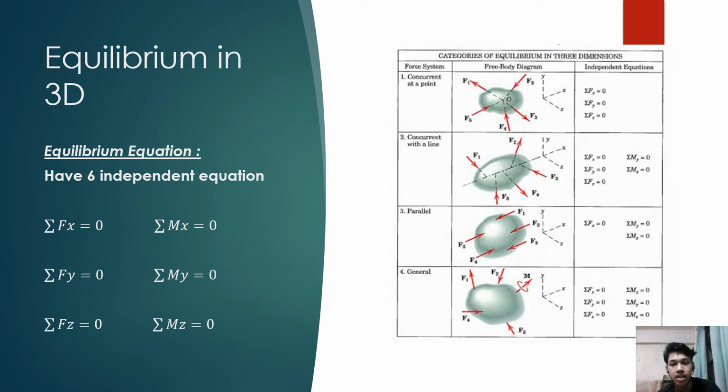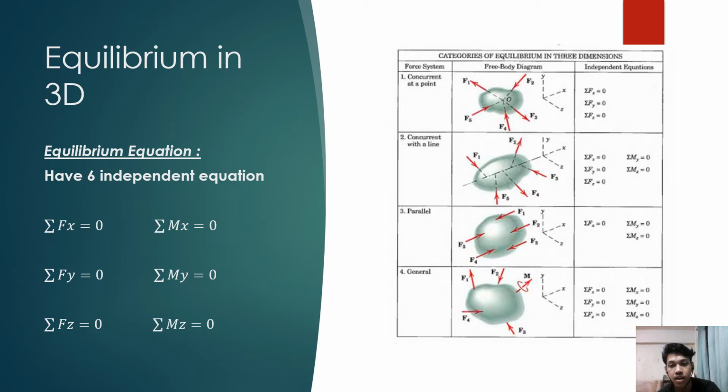For concurrent at a point, the independent equations are Fx equal to 0, Fy equal to 0, and Fz equal to 0. Meanwhile, for concurrent with a line, we have 5 independent equations: Fx equal to 0, Fy equal to 0, Fz equal to 0, and the moment in y equal to 0 and the moment in z equal to 0.